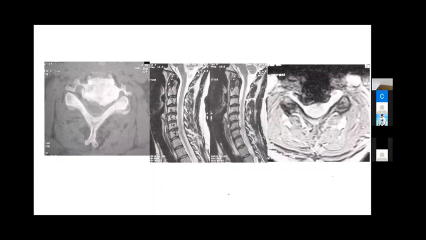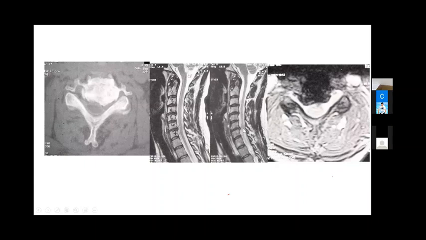So you did the MRI scan. That's the MRI scan. So what does it show? There is a C6, C7 disc bulge, sir. I think they haven't given the pictures of where the cord damage is.